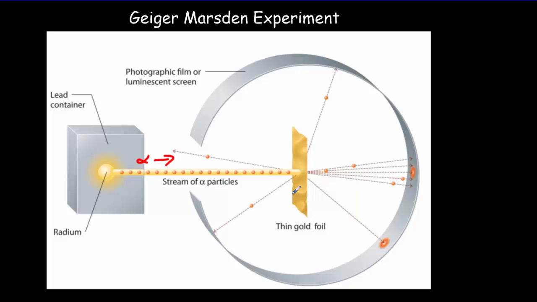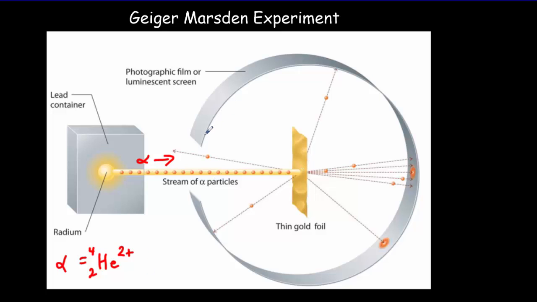Gold is chosen because it's very, very malleable, and you can get a foil of gold that's only a few atomic layers thick. Alpha particles are helium nuclei. So an alpha particle is a helium nucleus, so it's got 2 protons and it's got 2 neutrons, but it doesn't have any electrons on it, so it's going to have a charge of +2.